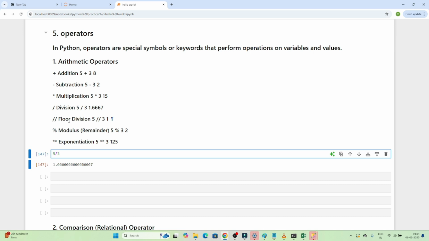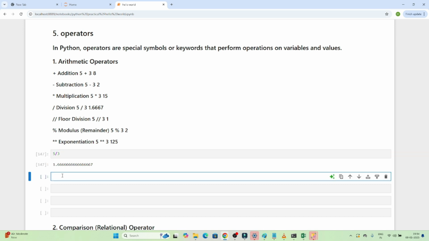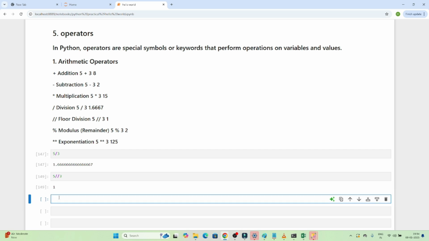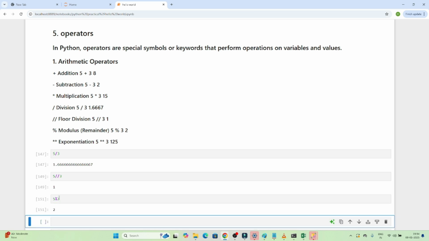The next one is the floor division. Now suppose you are writing like this, then what is the output? You can see 3 by 1 is 3, right? So 1 is the output. Similarly, if you want to find out the modulus, or the remainder, how can you do it? 5 modulus 3, and if you execute, you can see 2 is the remainder.